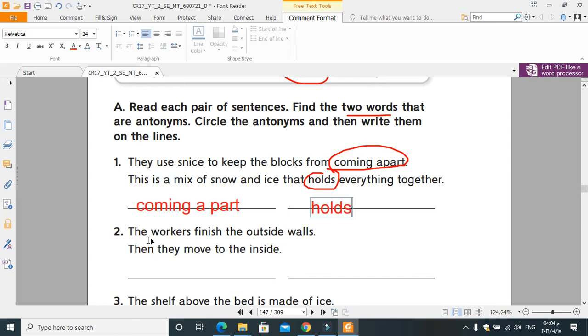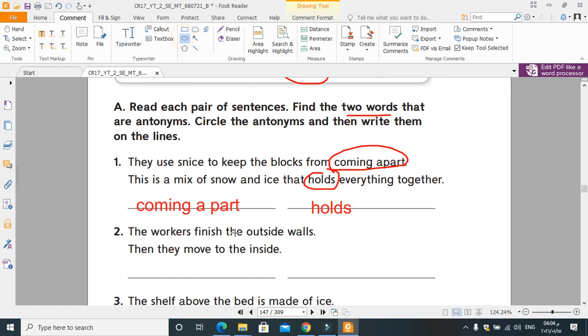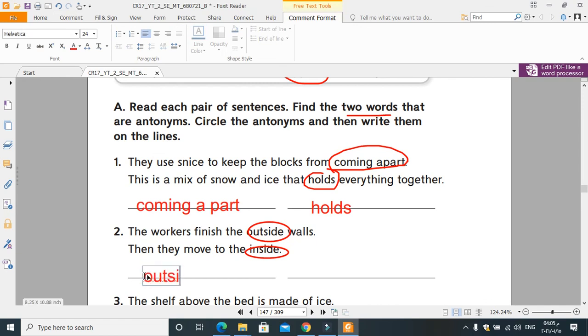And number 2. The workers finished the outside walls, then they moved to the inside. That's perfect. Outside and inside.